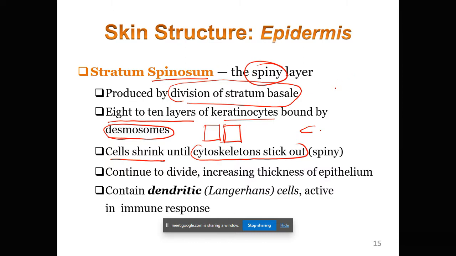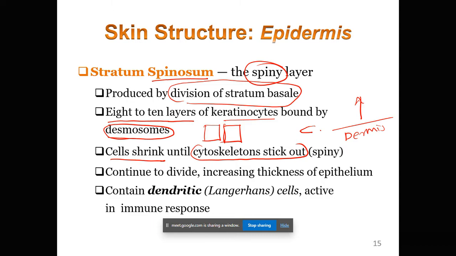Please understand one thing very clearly: as we move away from the dermis, the amount of nutrition or oxygen supply decreases, and as the nutrition decreases, the cell tries to get rid of the organelles which consume energy or nutrition. So as they get rid of all these organelles, they tend to shrink in size and shape.